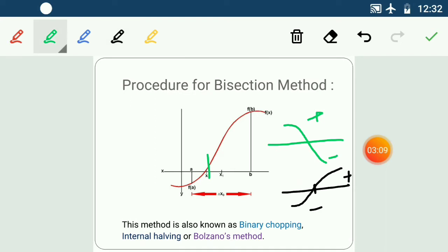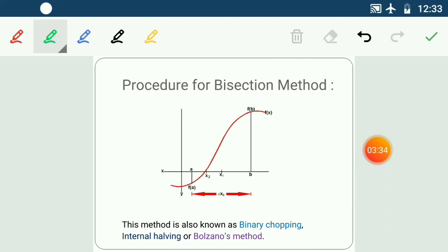We are going to check where the value of f of x changes from positive to negative or from negative to positive. And wherever we get the alternate sign, there is a possibility of getting a root in between. This is the basic step for the solution of this kind of equation.